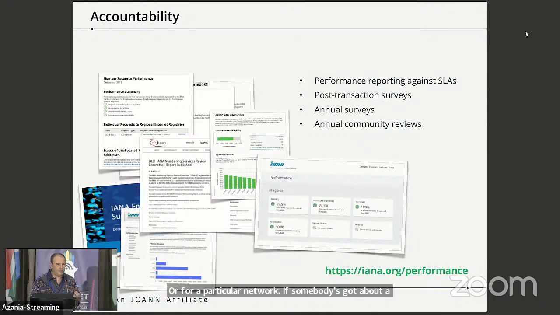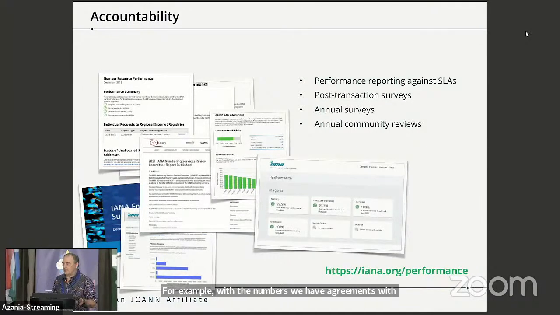One of the important things about IANA is accountability to the community. So for all the different services we do, for example, with the numbers, we have agreements with the RIRs and the NRO.